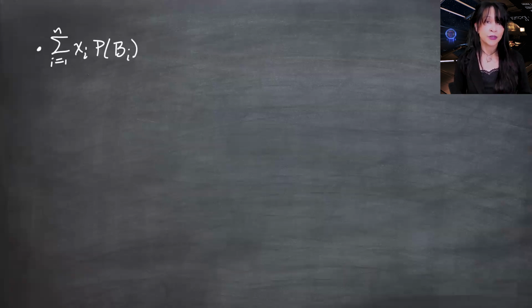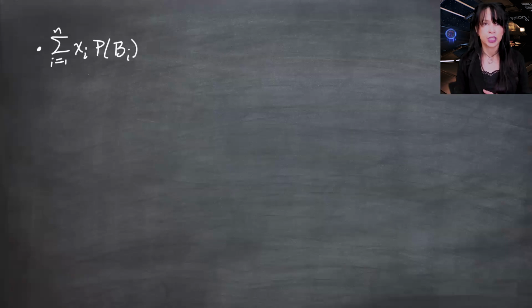The sum as i goes from 1 to n of x_i times the probability measure of B_i. Because C_1 through C_m does form a partition of omega, I can rewrite B_i as the part that's intersected with C_1, union with the part intersected with C_2, union with the part intersected with C_3, etc. A disjoint union.